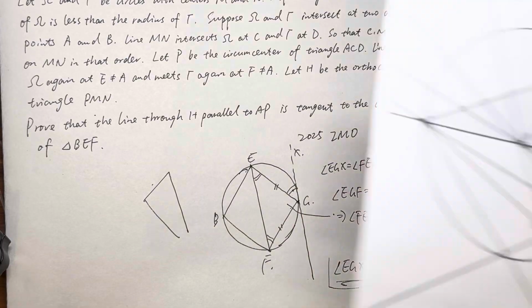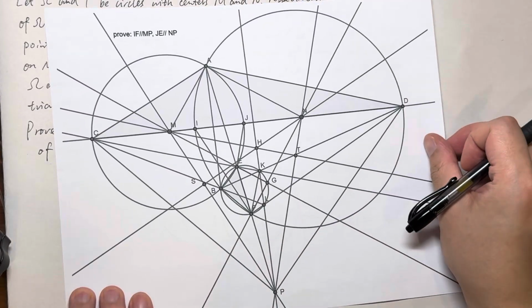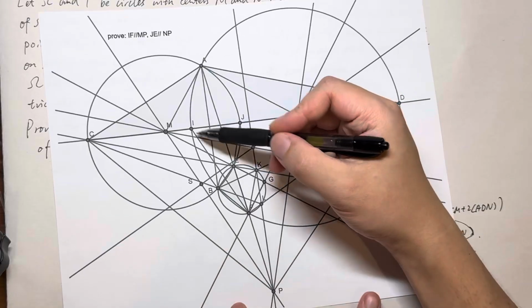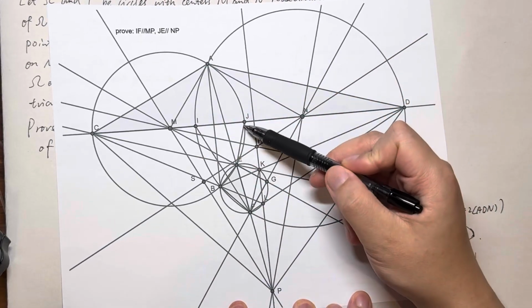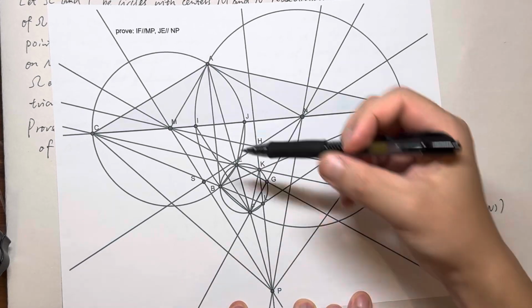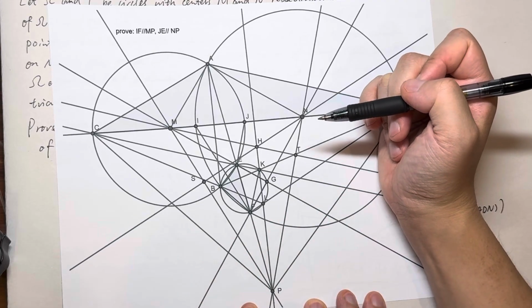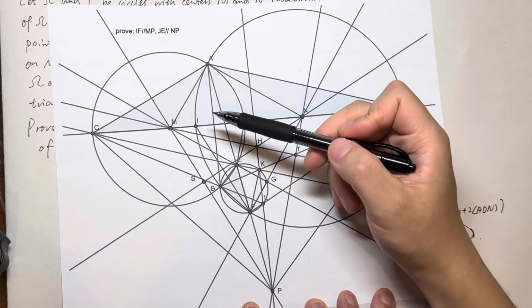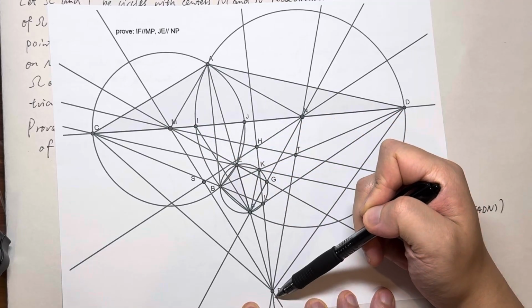And another thing here, we want to prove that IF is parallel with MP, and also JE is parallel with MP. So think about IF.